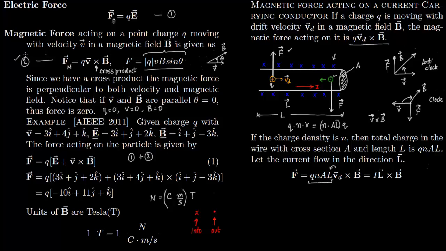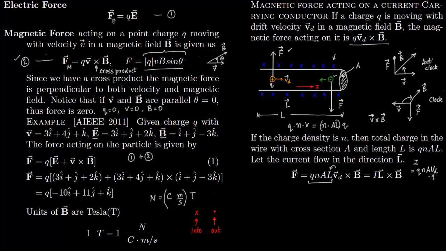Again, we are taking equation 2 here. You have the velocity vector and the magnetic field. Now you take the direction of velocity and you put it on the length, so you make length into a vector. And what is I? From previous lectures we know the current is given to us as q n A Vd.